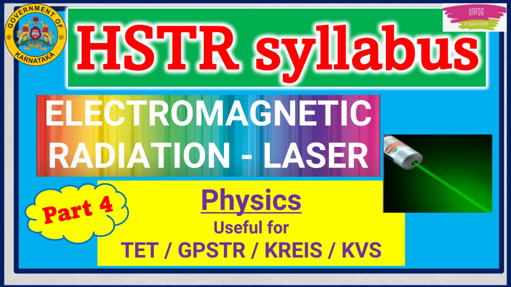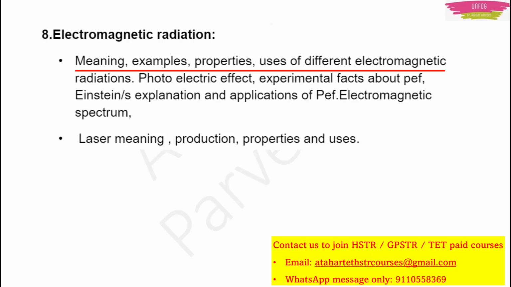Now coming to this lecture, I am going to discuss all about lasers based on your HSTR, TET, CRISE and KV syllabus. In our previous video, the first video of this lesson, we discussed electromagnetic radiation, their examples, properties and uses, and also the electromagnetic spectrum.